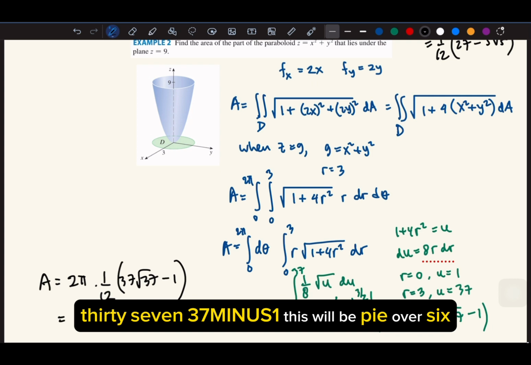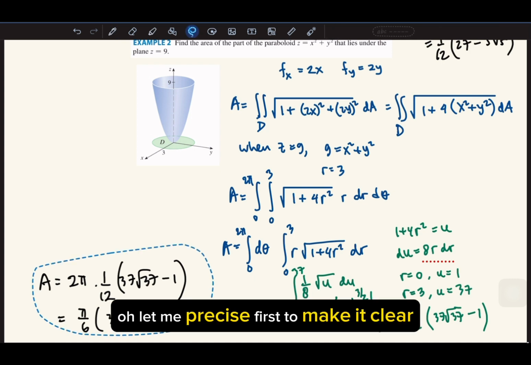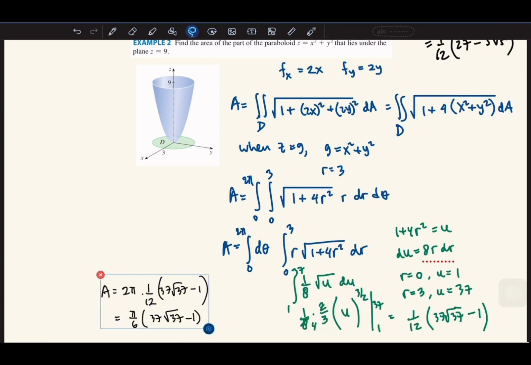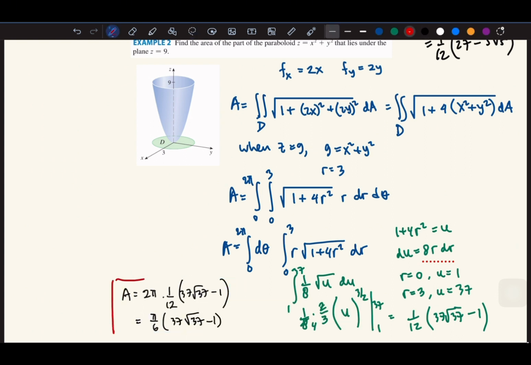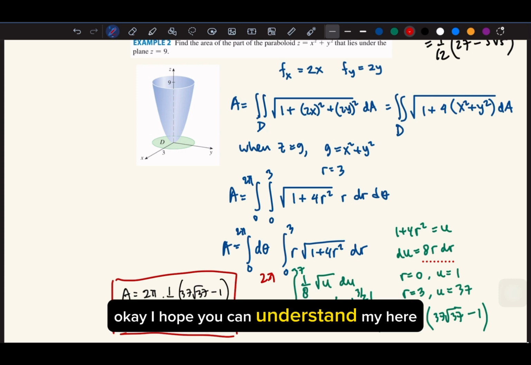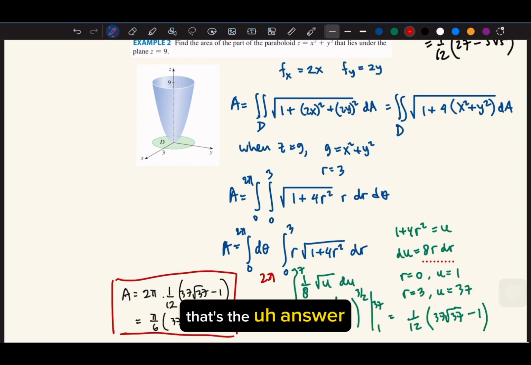This will be pi over 6 times that. Let me resize first to make it clear. Yeah, that is the answer. I hope you can understand my notes here. This part is only for the substitution part, and then afterwards we multiply with this 2. So that's the answer.